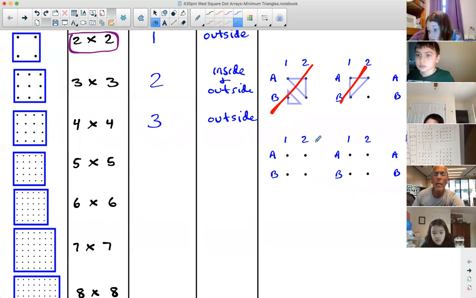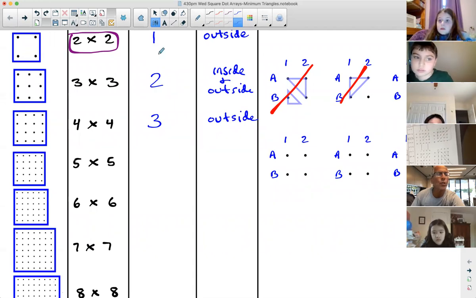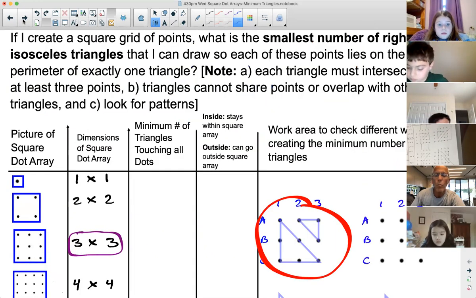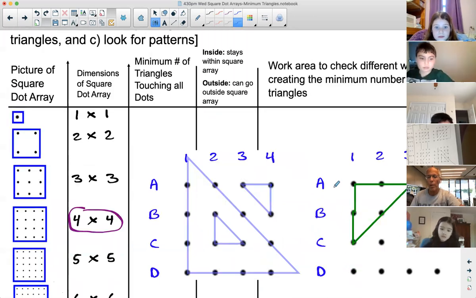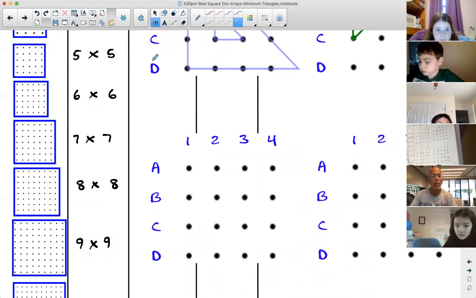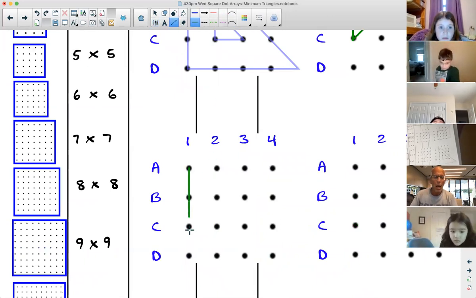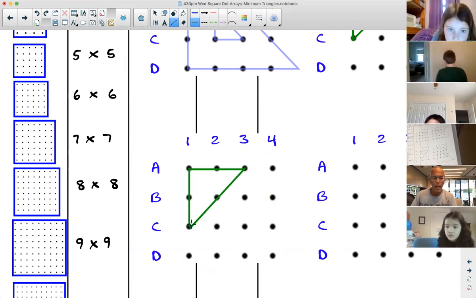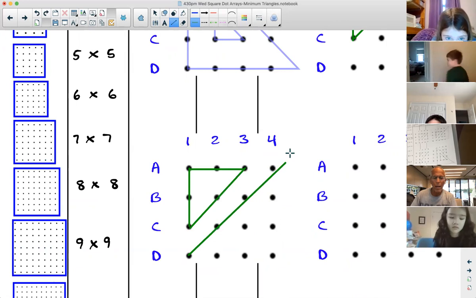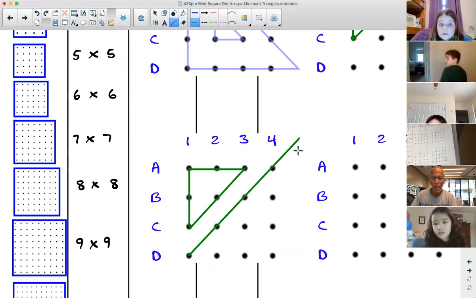Let me see if I can draw it. William did a great job. And was this the 4x4? I think William did this. And then I think he went outside.